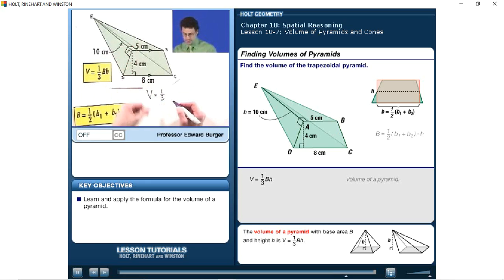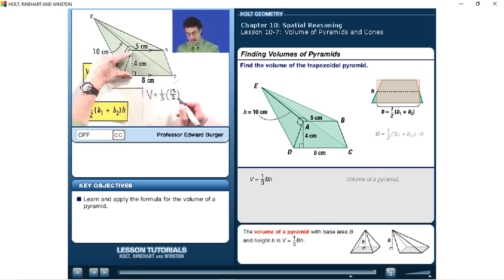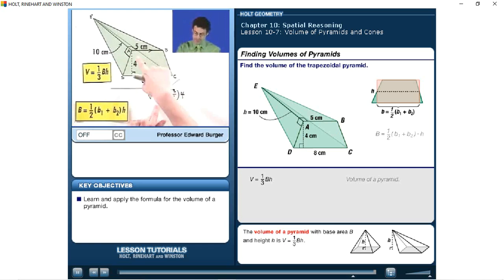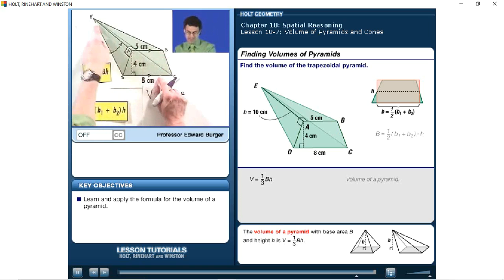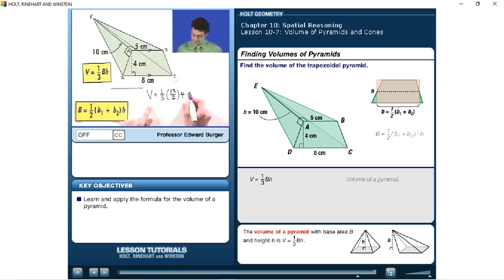So we add them together, we get 13. We divide by 2, and so we see 13 over 2 times the height, which is 4. So that's the area of the base. Then we multiply that by the height of the pyramid, which, since we're given this very special pyramid, we know is the same thing as this length, which is 10.